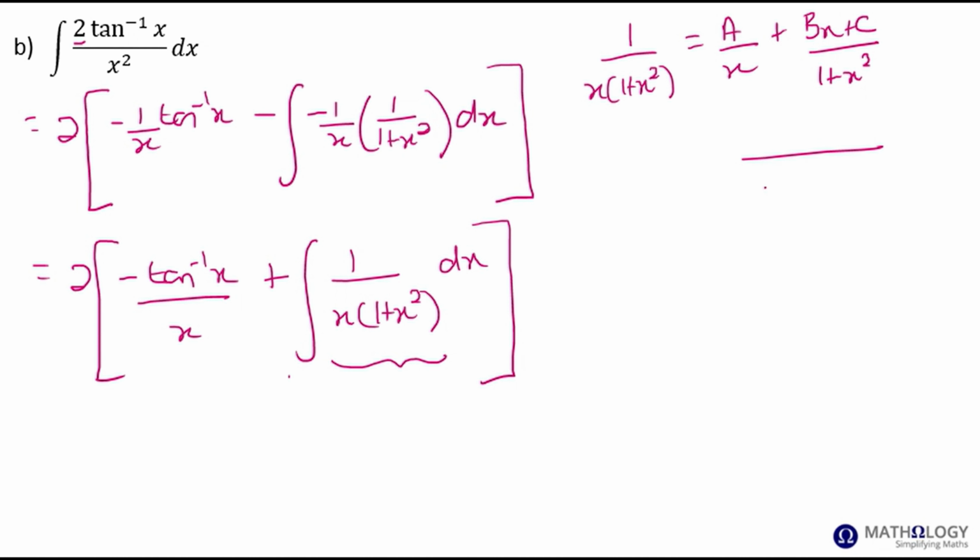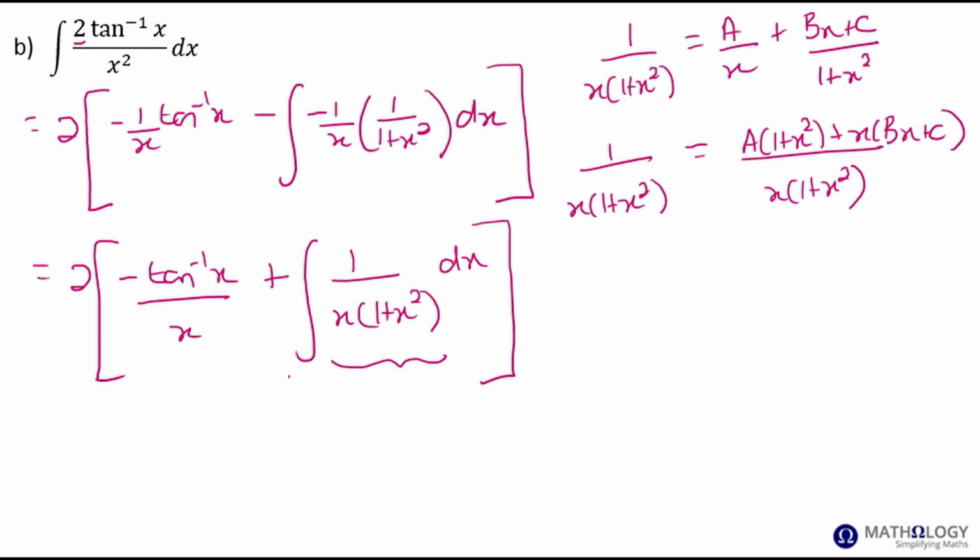Getting a single fraction on the right will give us a times 1 plus x squared plus x times bx plus c, and that equals 1 over x times 1 plus x squared. We're going to equate the numerators now. So 1 equals a times 1 plus x squared plus x times bx plus c.